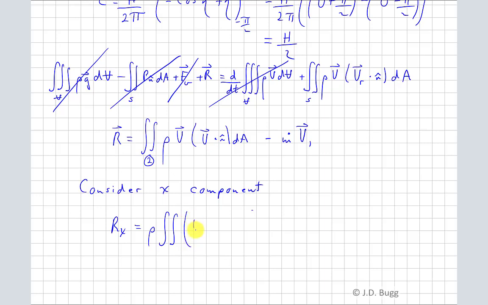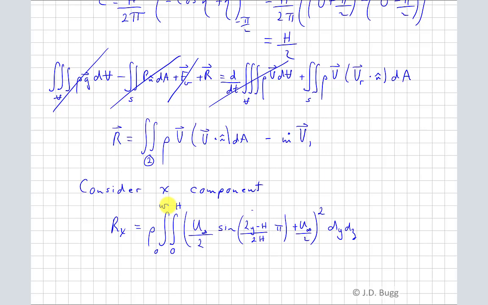So we'll just put our expression for the velocity at the exit, which we've seen before in conservation of mass. It's that, but we need to square it because there's that multiplied by that. And then our dA as before is dy dz, and as before the limits are 0 to h and 0 to w.